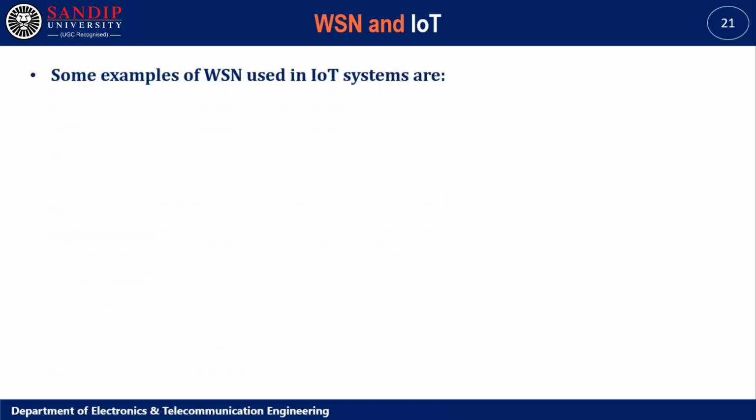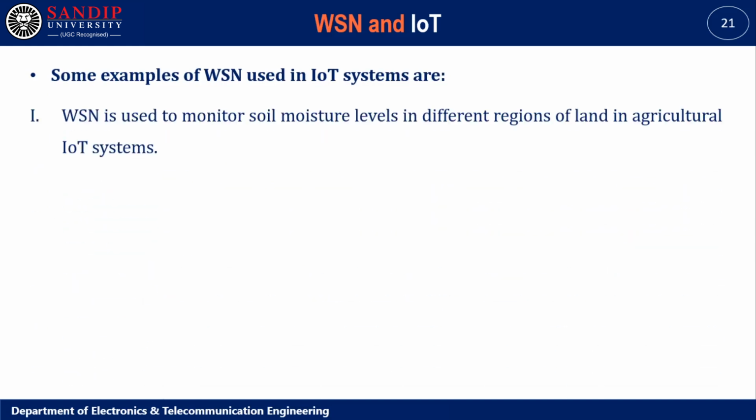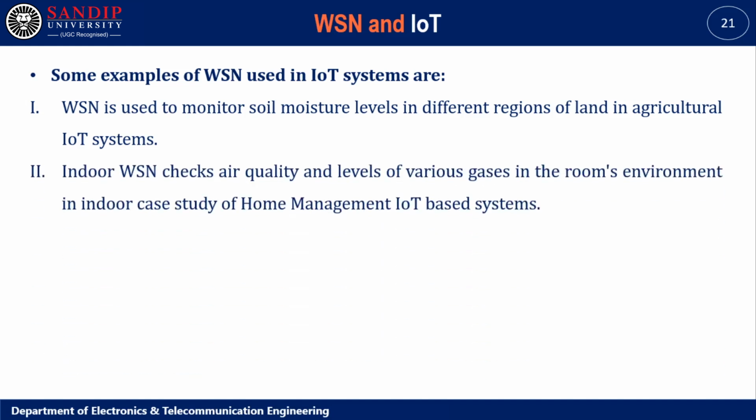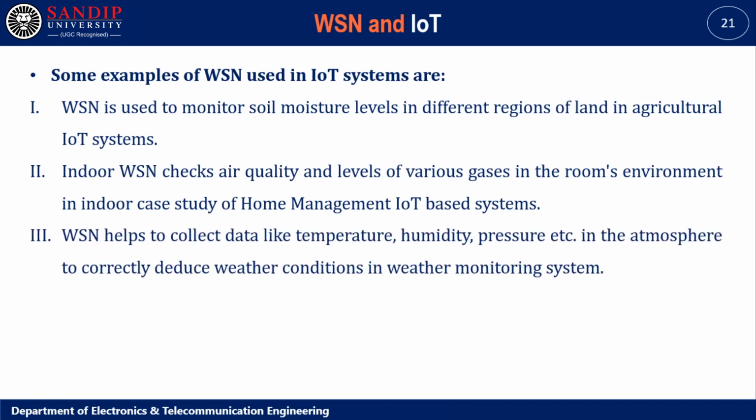Some examples of WSN used in IoT systems are: WSN is used to monitor soil moisture level in different regions of land in agriculture IoT systems. Indoor WSN checks air quality and levels of various gases in the room's environment in the indoor case study of a home management IoT based system.